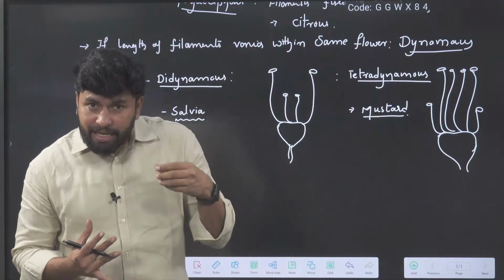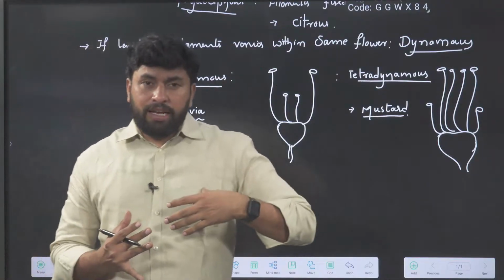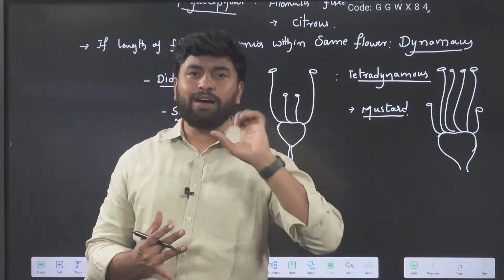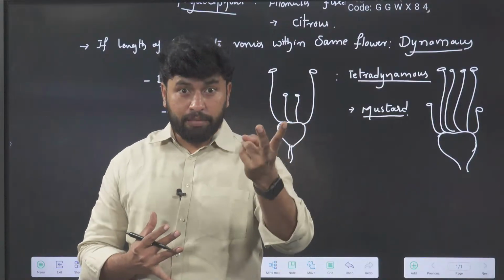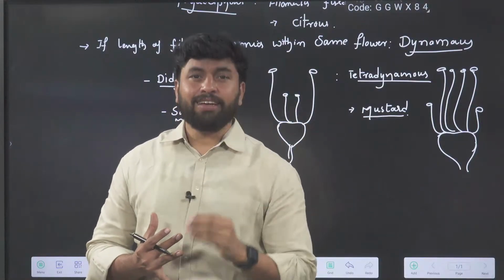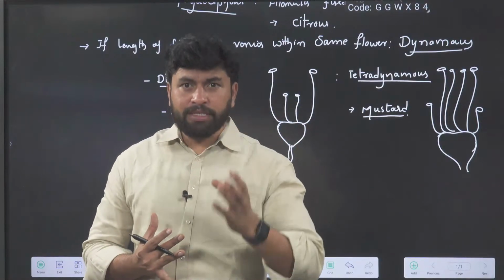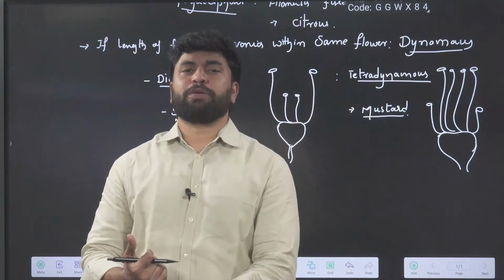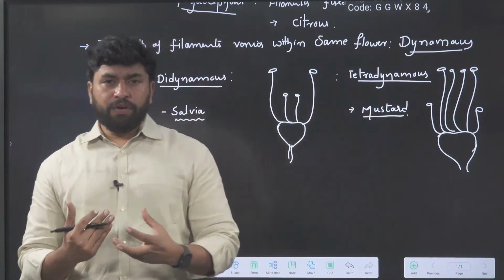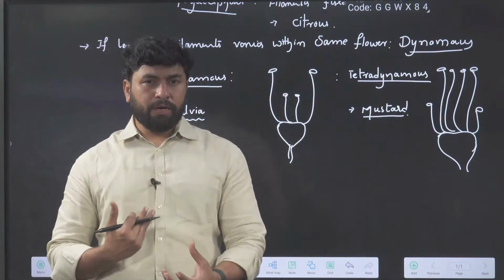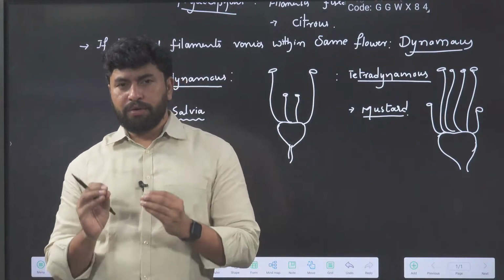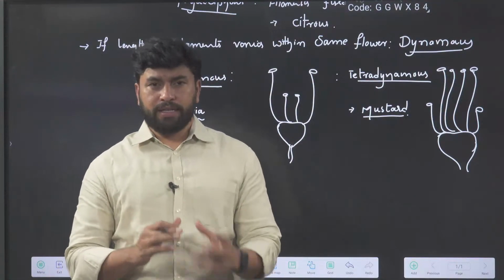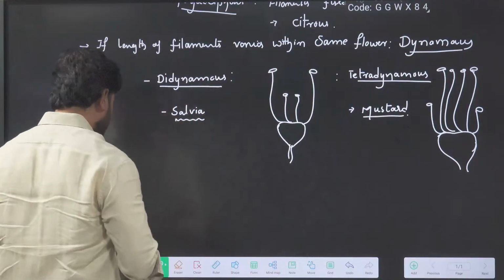Based on the number in which lengthy stamens are present, we have this word didynamous, two stamens are lengthy, tetradynamous, four stamens are lengthy. Is it okay? This feature is called Androecium. Now, before going to the most essential part, we will discuss one property of flower that's called Aestivation.